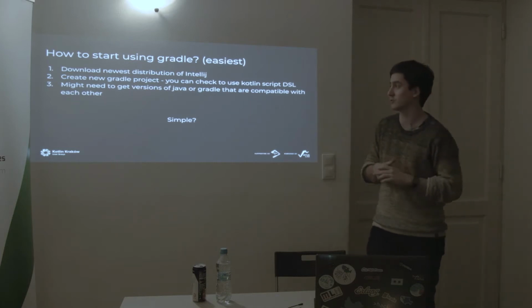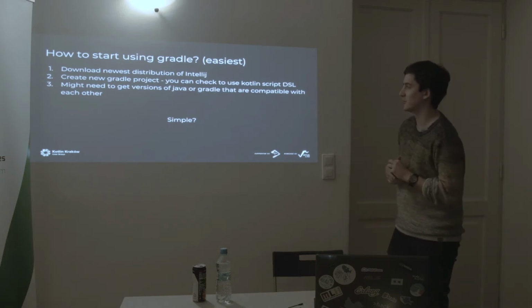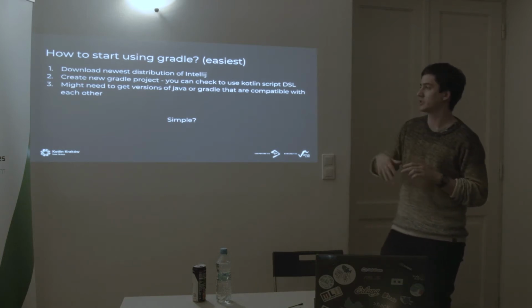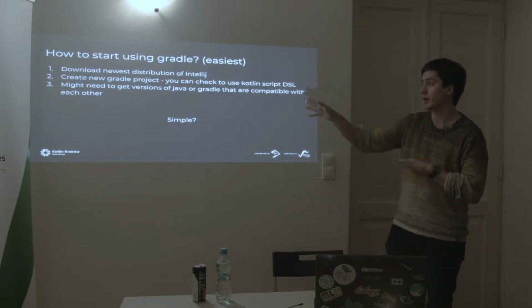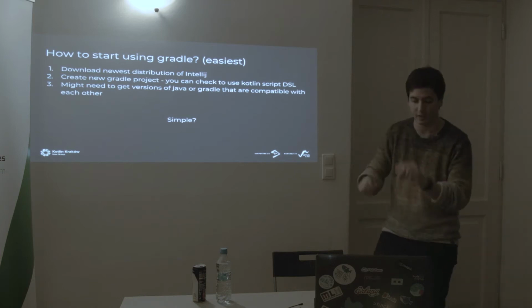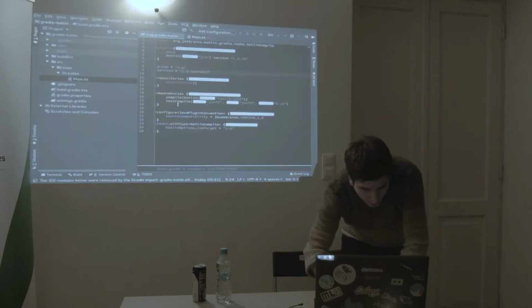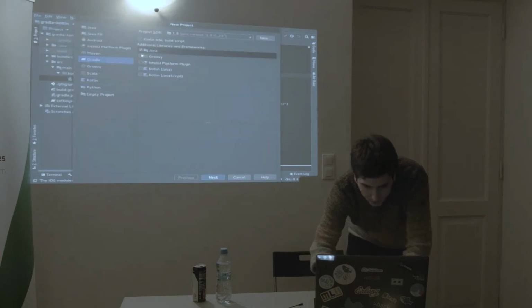I would prefer using IntelliJ because the Kotlin support is there. So you just download the newest version of IntelliJ. I will try to show how you can quickly create a project. I can do it now actually. To create it, you basically just create a project and click on Gradle. You can click, hey, Kotlin DSL.